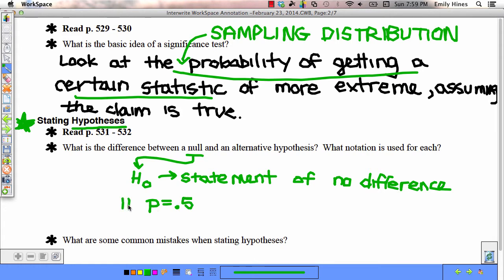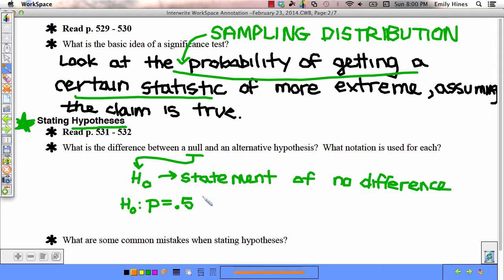I would write it just like this, H sub 0 colon P is equal to 0.5. That's my statement of no difference. If I'm trying to say it's above 0.5, 0.5 is like the boundary. Typically, if you're dealing with proportions, it's going to be 0.5 because no difference would mean half do one thing, half do the other, 0.5.